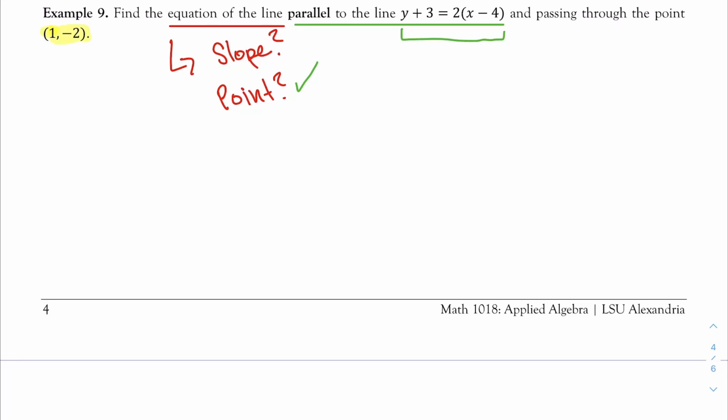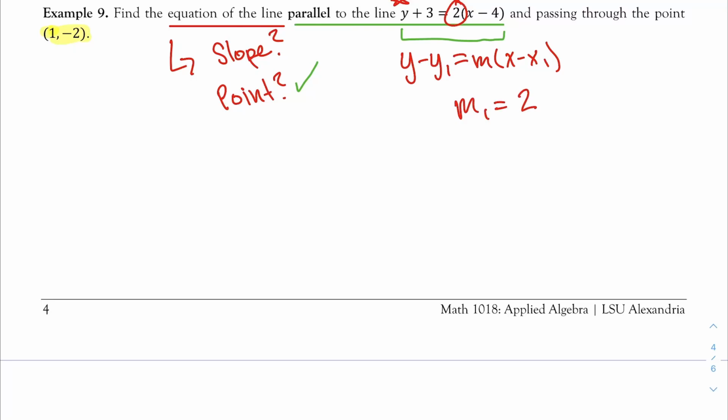One way is I can recognize that this looks a lot like y minus y1 equals m times x minus x1, where m is the slope. If I compare these two forms, it turns out my equation here is exactly in point-slope form. That is, my slope of this line, let's call it m1, is 2.